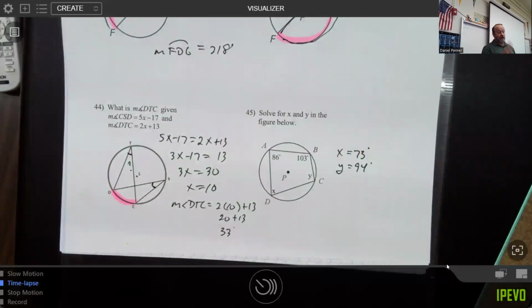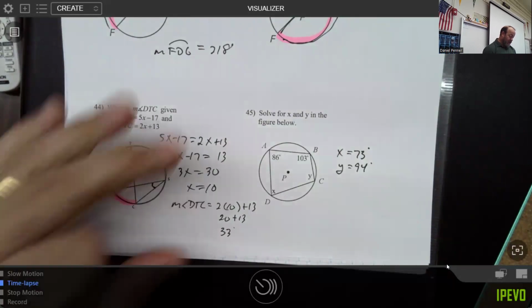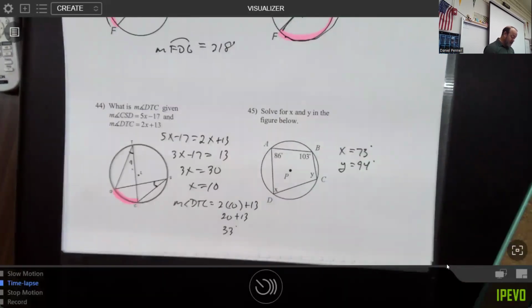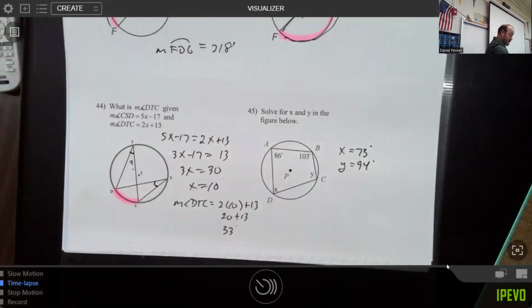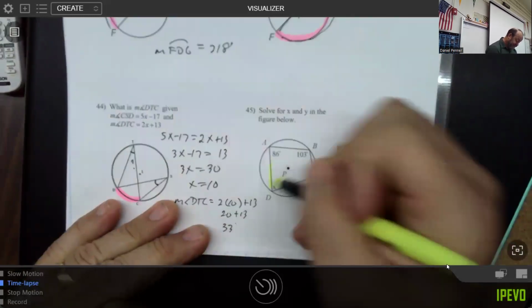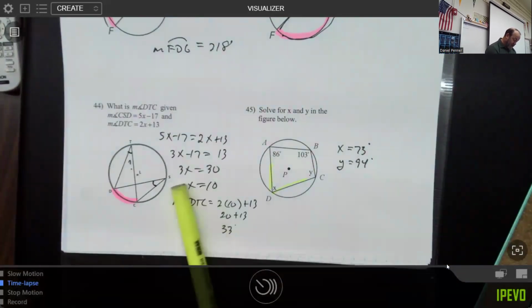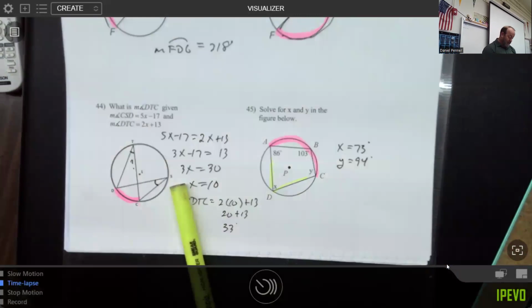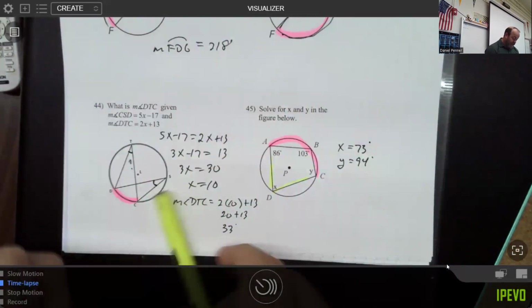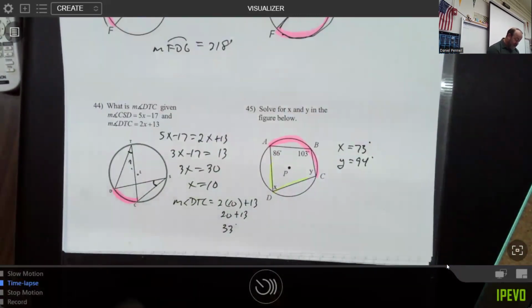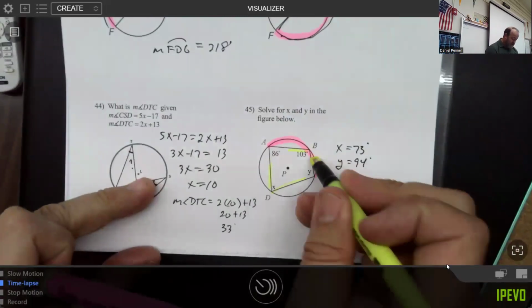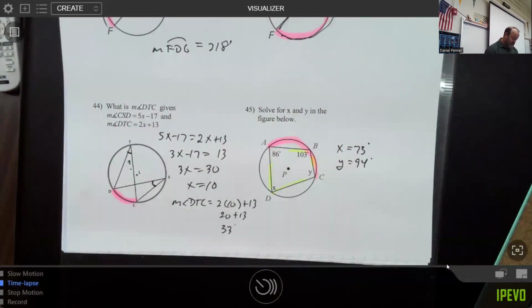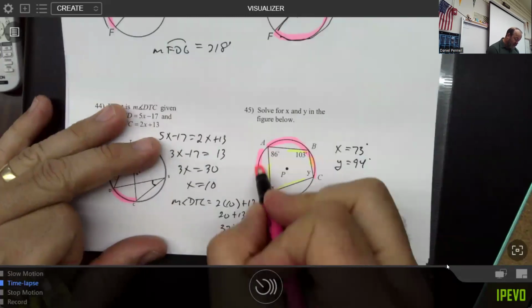Now, the reason for that is a little bit interesting. And I will just remind you very quickly. Let's just say you're looking at these two angles right here. Let's take a look at angle X. And keep in mind, angle X opens out onto this arc. So X is half of the pink arc. And 103 is right here, angle B. Angle B opens out onto this entire arc.